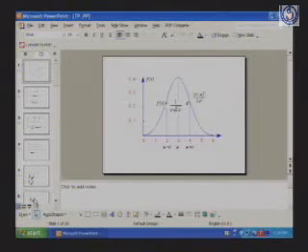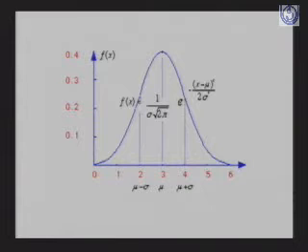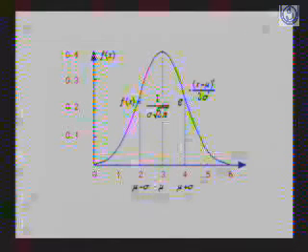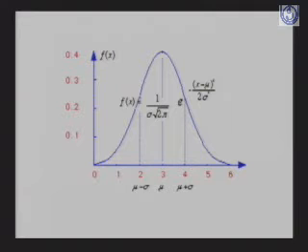This one has a standard deviation of 1, and the probability density function is given by 1 upon sigma root 2 pi, e to the power minus (x minus mu) whole square divided by 2 sigma square. So as I said earlier, mu is the mean and sigma is the standard deviation, and this is how a normal distribution looks like.